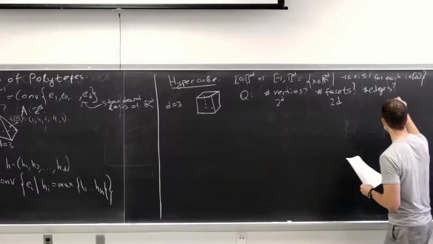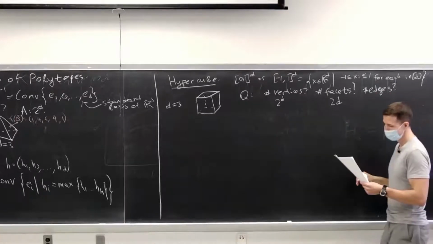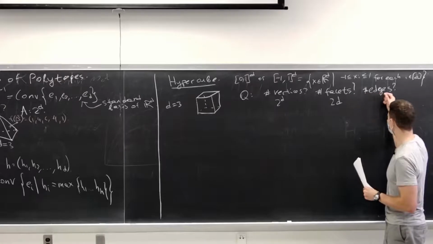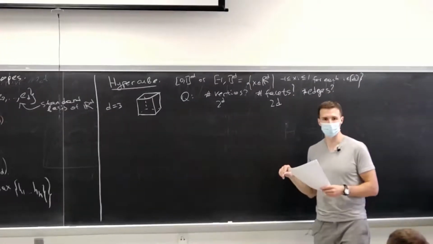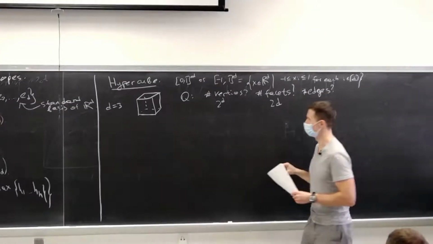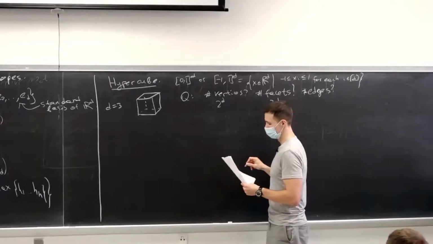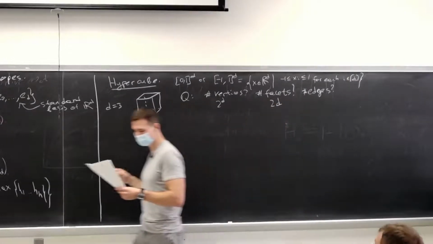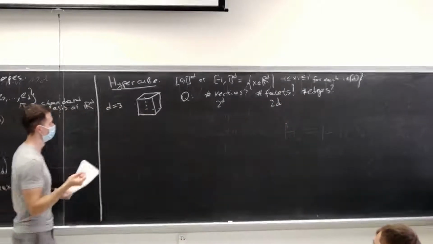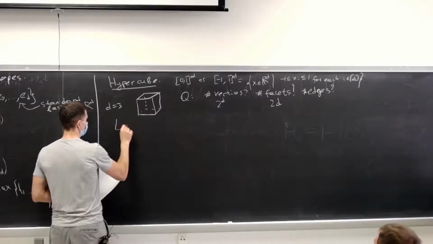So yeah, the number of edges looks kind of tricky, right? So it's actually easier to compute the number of k-dimensional faces for arbitrary k. And so how do you find a face?